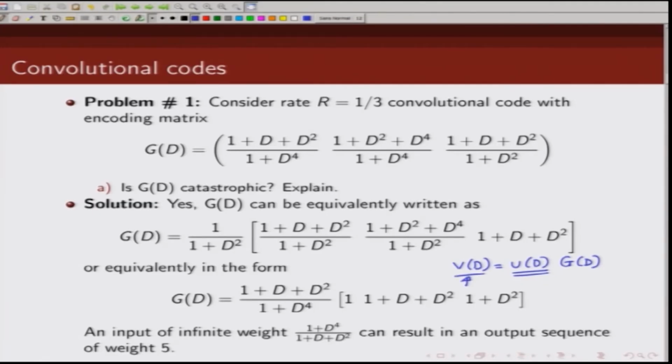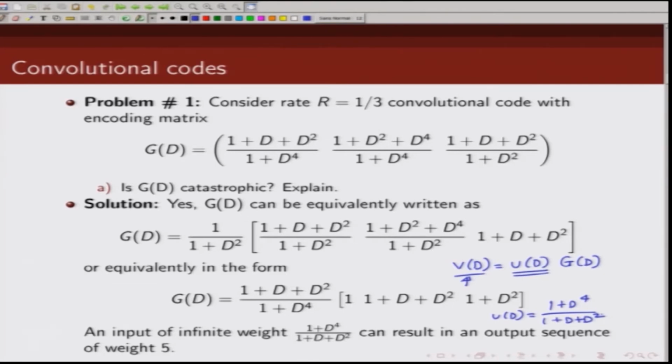If we pay close attention to G of D, we notice that if our input U of D is chosen as 1 plus d4 over 1 plus d square, then what will be the corresponding output V of D?